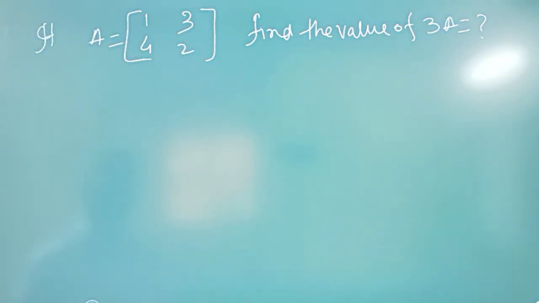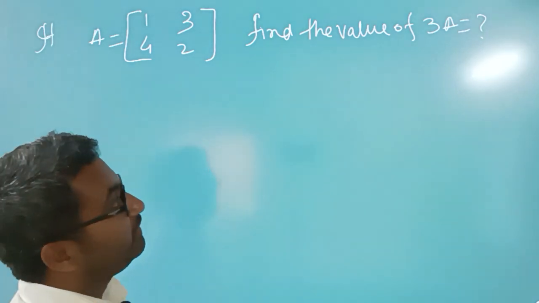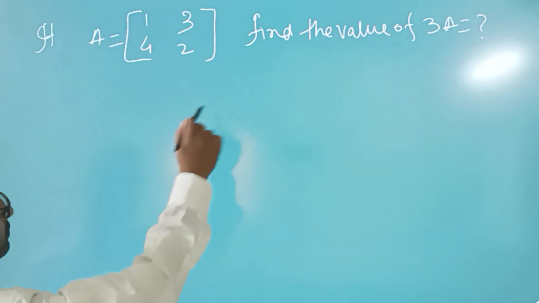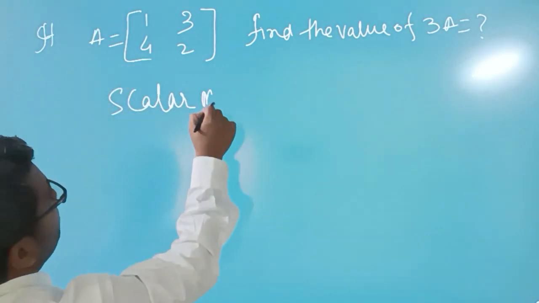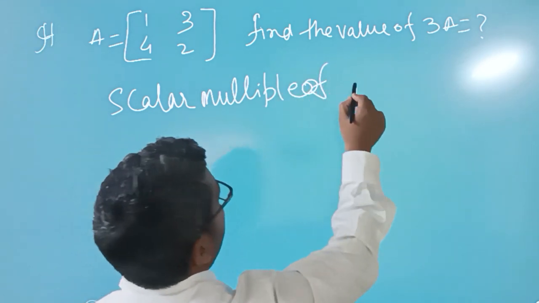If A equals the matrix 1 3 4 2 of order 2, find the value of 3A. Let's see the basic concept of scalar multiple of a matrix.